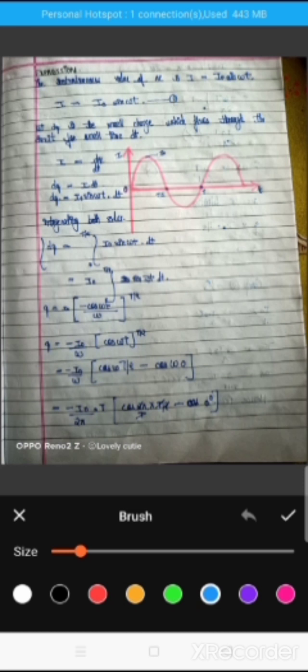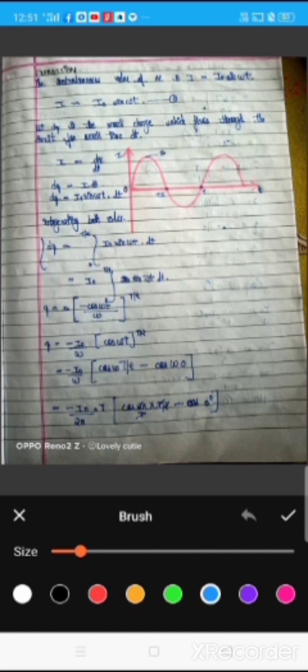So the value of omega is 2 pi upon T. So put the value in the place of omega. You will get minus I naught upon 2 pi.